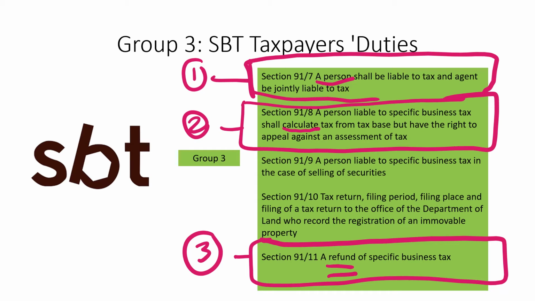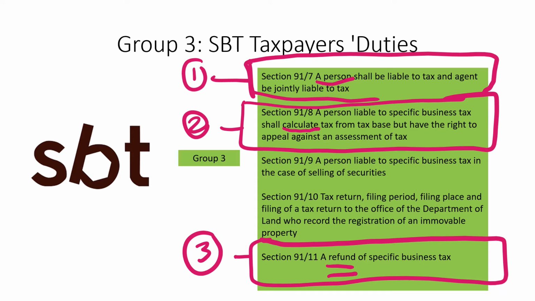Section 91/8 is about the duty of the taxpayer to calculate the SBT from the tax base, and the right to appeal against the assessment of SBT in case you disagree with the tax authority.